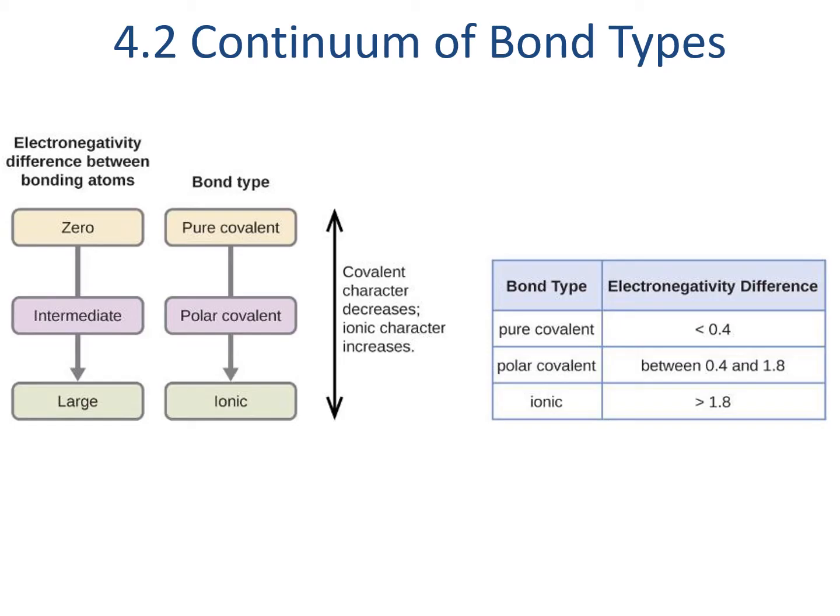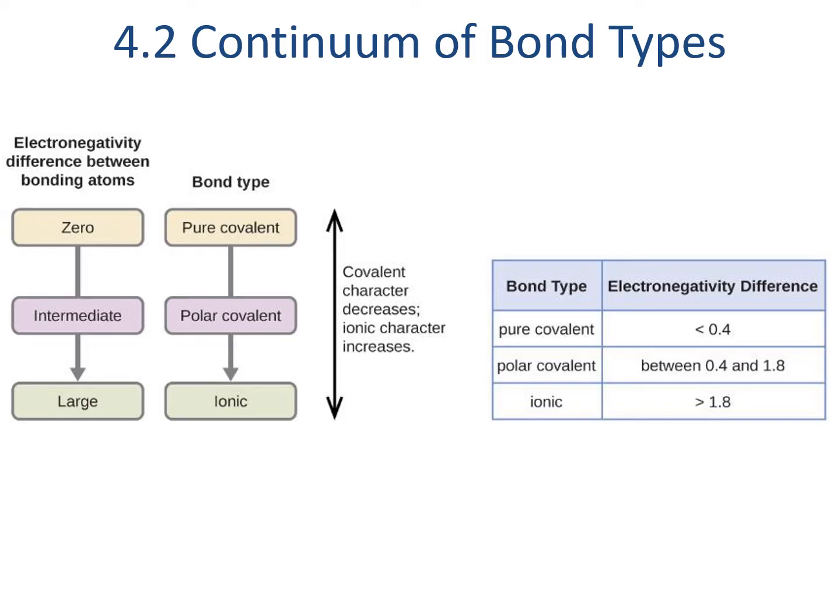But it's not like there's a drastic difference on either side of a difference in electronegativity of 0.4, which is shown to be the dividing point between pure covalent and polar covalent. Polar covalent bonds that are just over 0.4 are still pretty close to pure covalent bonds, and polar bonds that are just under 1.8 are really starting to look pretty ionic. Again, we always see these as a continuum.